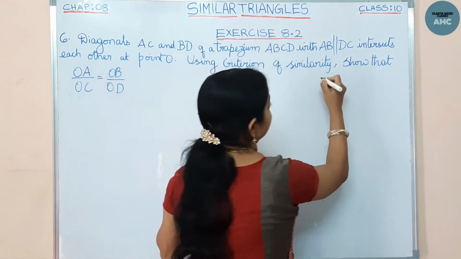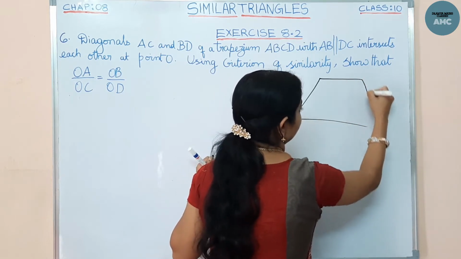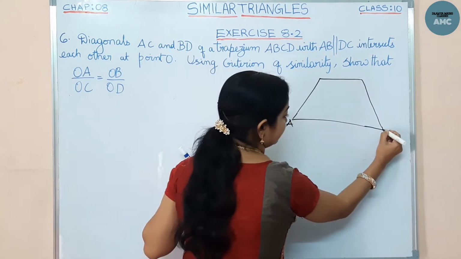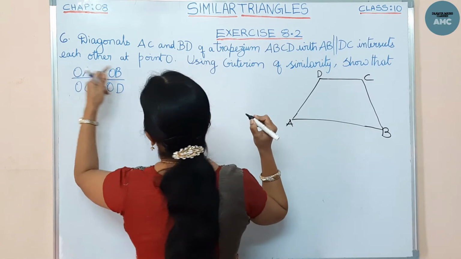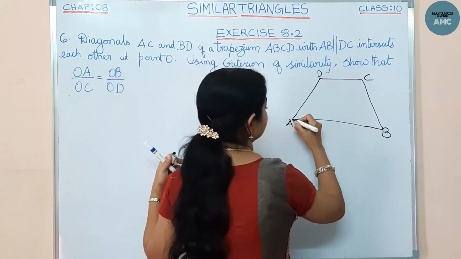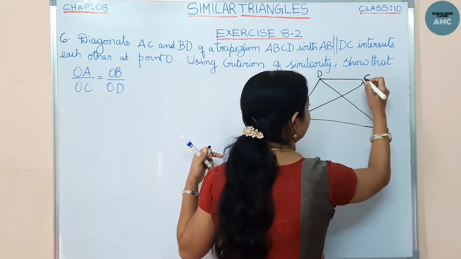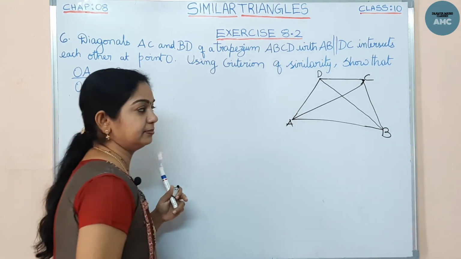Let's draw a trapezium here and name it A, B, C and D. This is the diagonal AC and this is the diagonal BD.